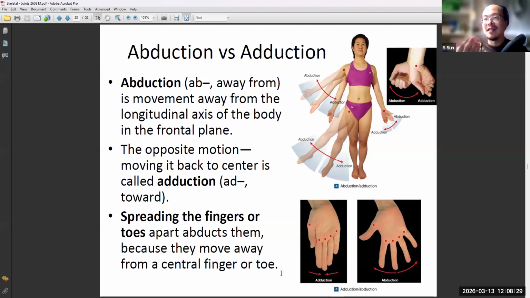Away is abduction, coming back is adduction. This is our wrist coming back to our body. Abduction, above, away; adduction, coming back.